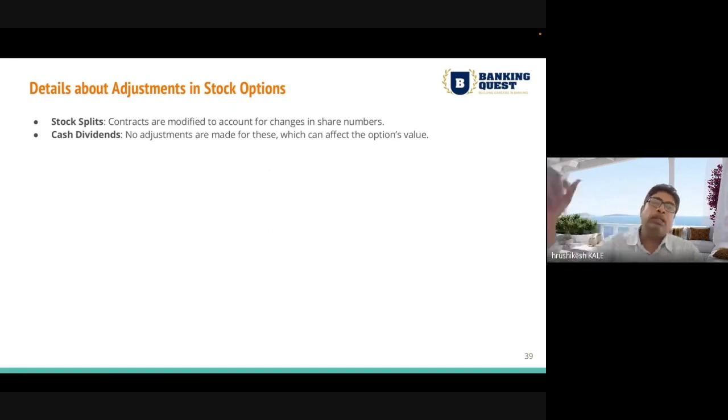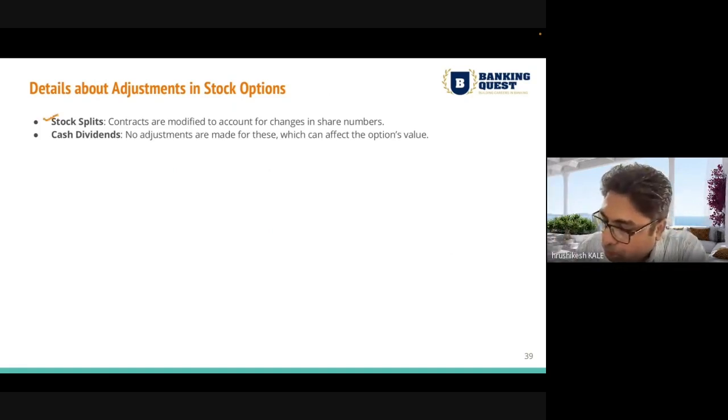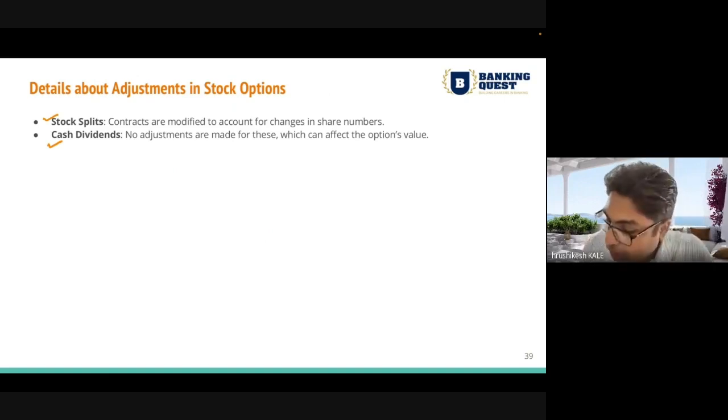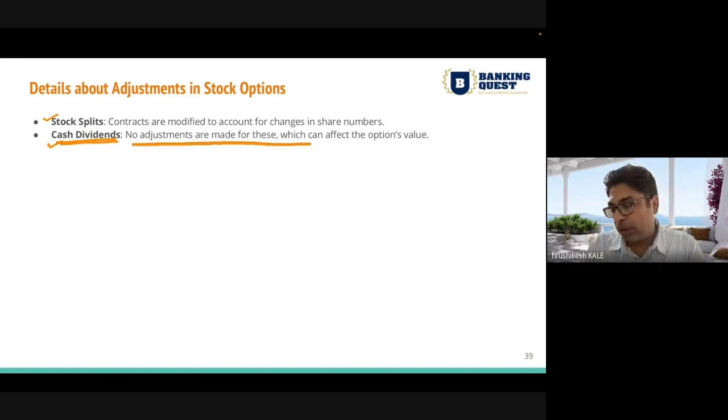Okay. Now let us see how stock split and cash dividend impact option prices. I already told you cash dividends do not impact the options, so no adjustments are made for this.